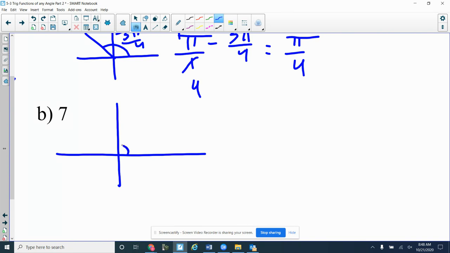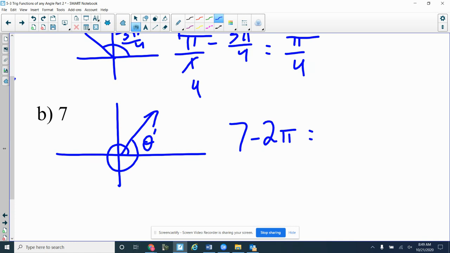So 7 is just a little bit past that. You go all the way around, that's 2 pi, then you go a little bit further. That would be 7 radians. The angle that it creates with the x-axis, well, if we rotate around, why don't we subtract 2 pi from 7 to see what we have left over? And I do mean subtract 2 pi, as in take your calculator and take 7 minus 2 pi.